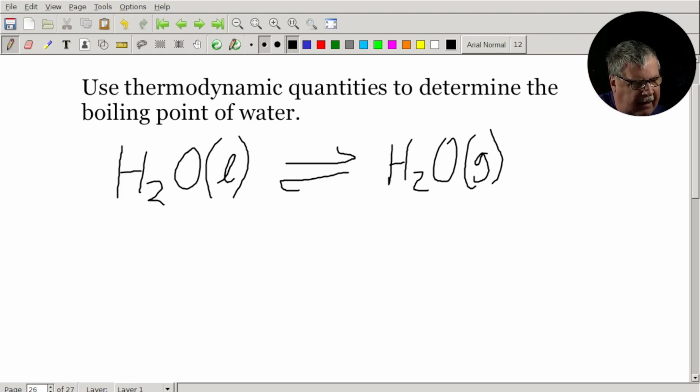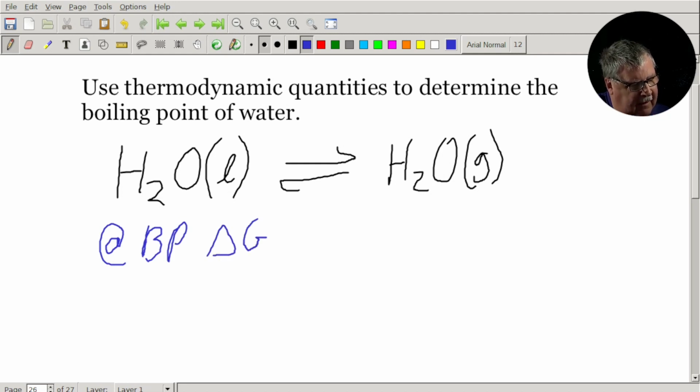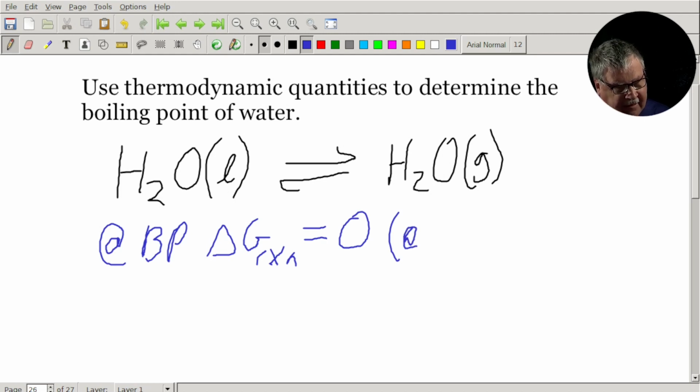If I'm at a boiling point, what I can say is that the delta G for this reaction, notice how I didn't write delta G naught, is 0, because this reaction at the boiling point is at equilibrium.